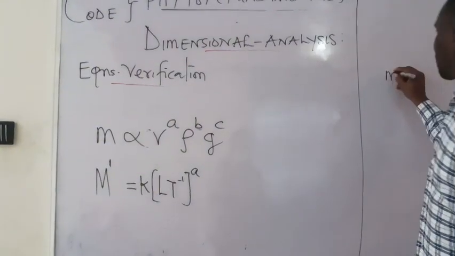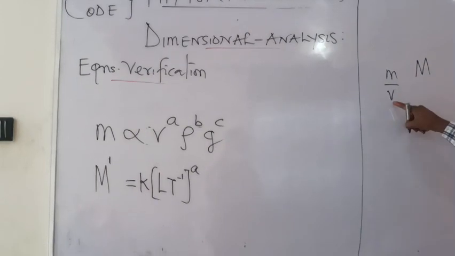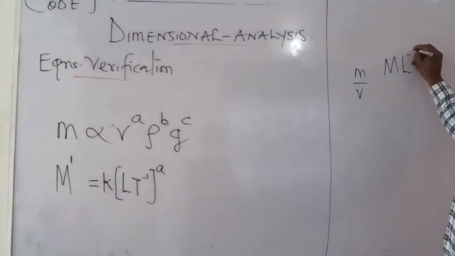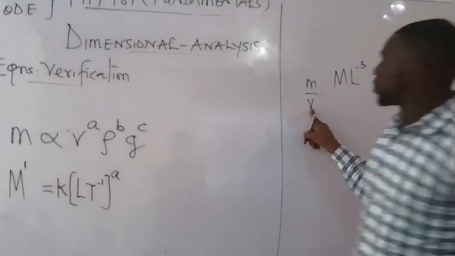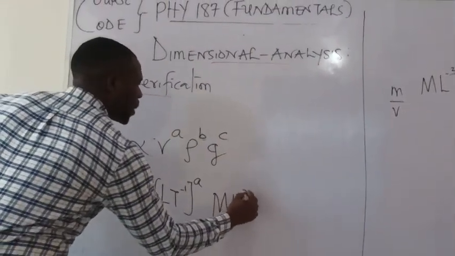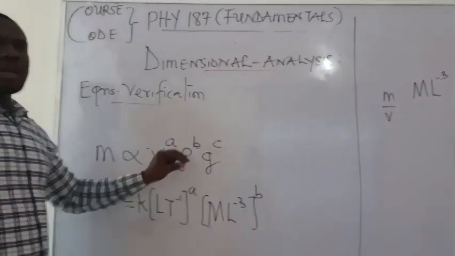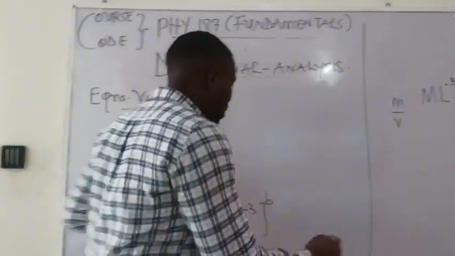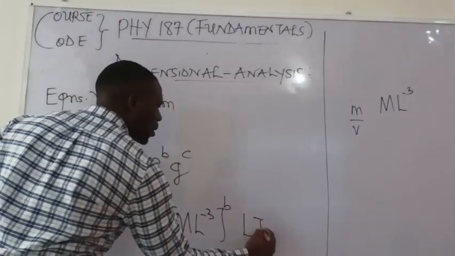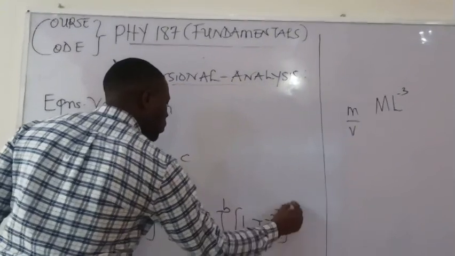Density is mass per unit volume. This is M, then volume is L raised to power minus 3, cubic meter. So this is M L raised to power minus 3, raised to power B. Then this is gravitational acceleration, LT raised to power minus 2, raised to power C.